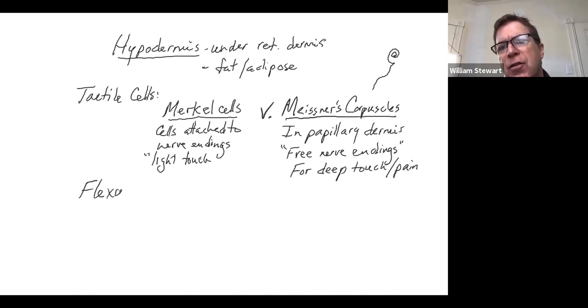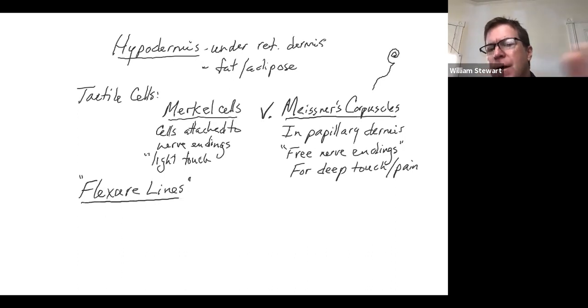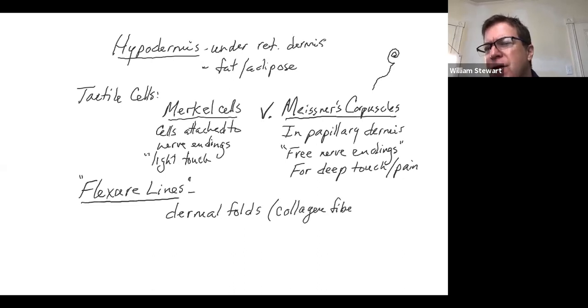This term, flexure lines, I briefly talked about this topic, I think, before we left the first lecture. The definition of flexure lines is that they're dermal folds. So down in the dermis, there are folds, and it has to do with the collagen fiber arrangement. Collagen fibers give the dermis its toughness, its strength, and its ability to resist abrasion.